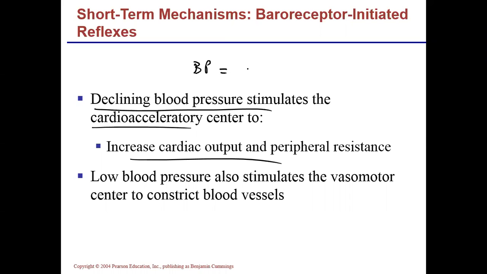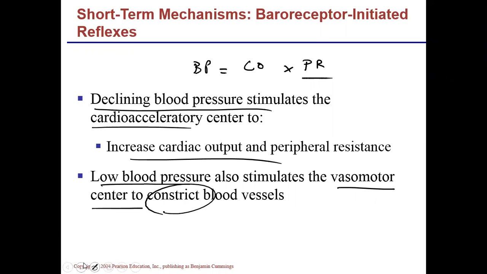BP equals cardiac output multiplied by peripheral resistance, which are factors that can affect the pressure. The resistance factor we discussed. Also, when there is low blood pressure, we want to stimulate the vasomotor system to constrict, because when vessels constrict, blood pressure is going to go up. So that's exactly what we want to do.